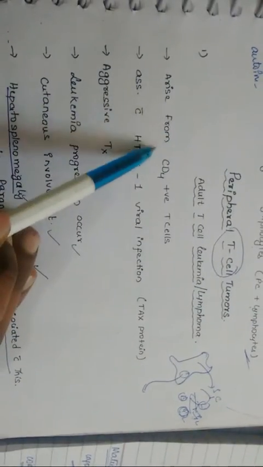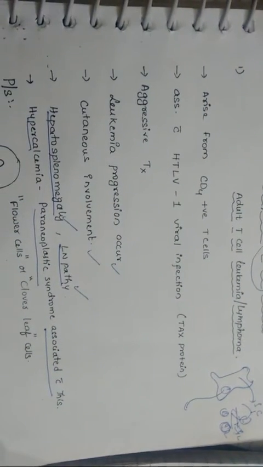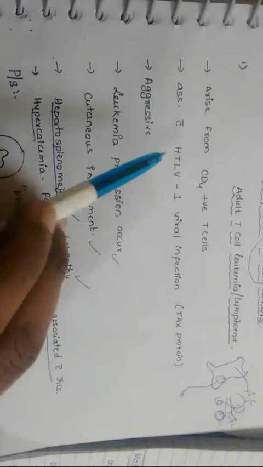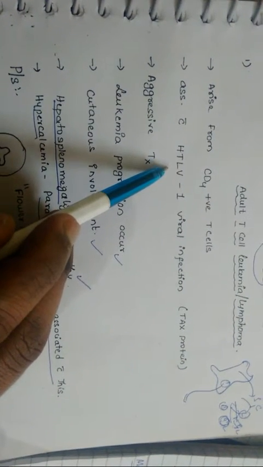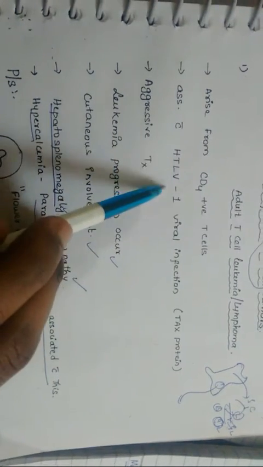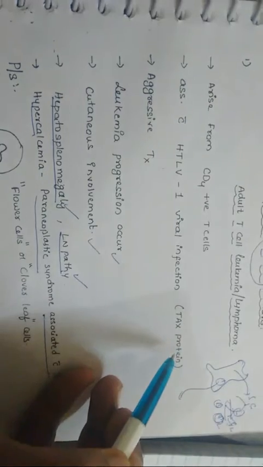First it's written that it arises from CD4 positive T cells. I showed you what CD4 is, right? It is associated with HTLV, a viral infection. You have a protein known as TAX protein, which helps in the progression of tumor cells.